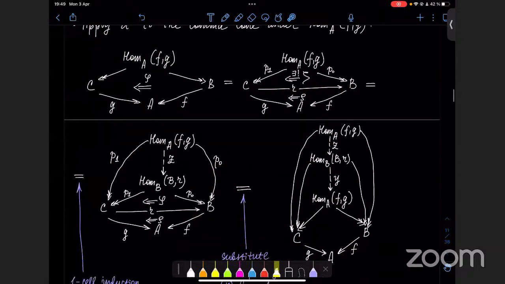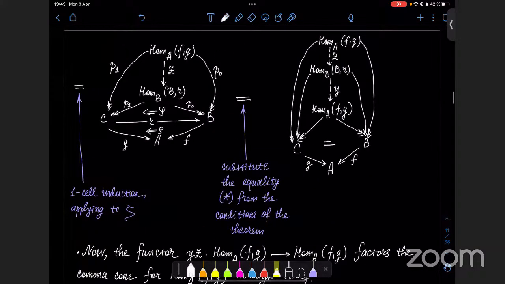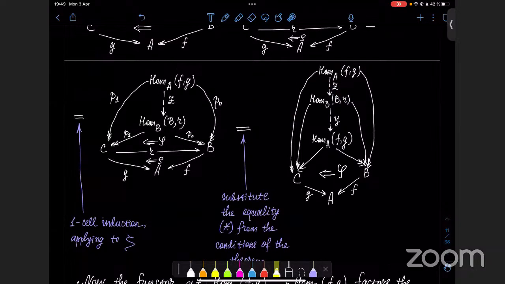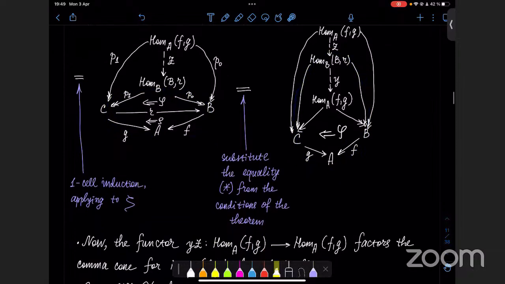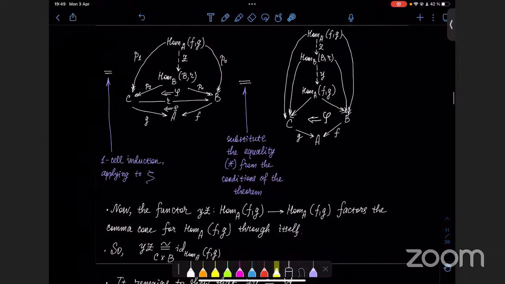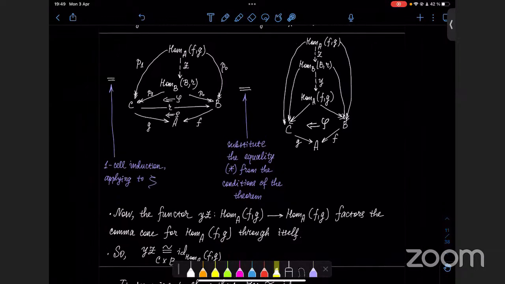Here we have phi, and we just factorize this. So I replace this guy by this guy. Now consider the composition yz, the following composition.